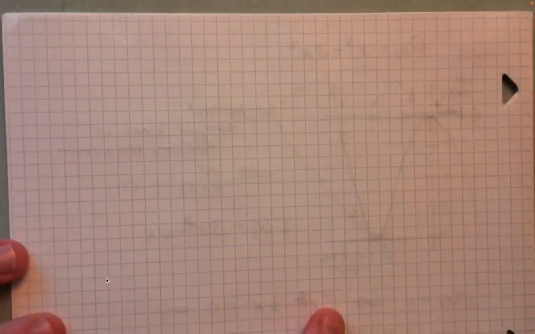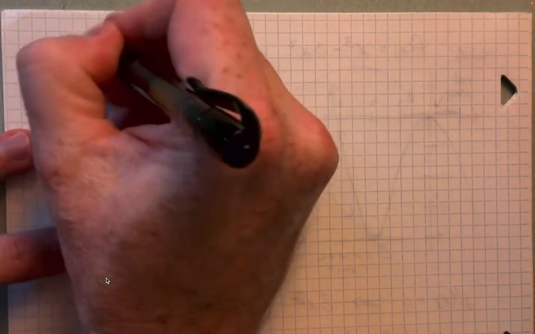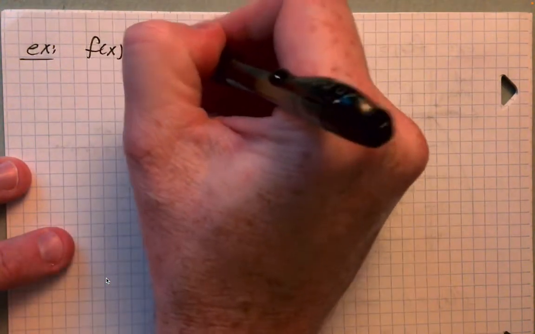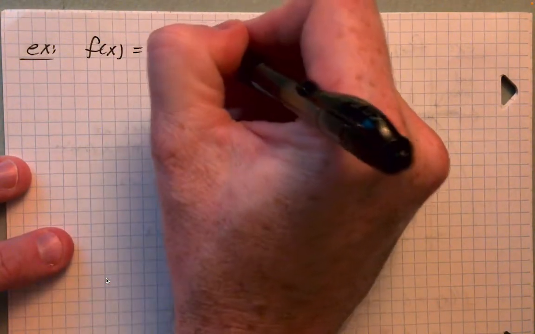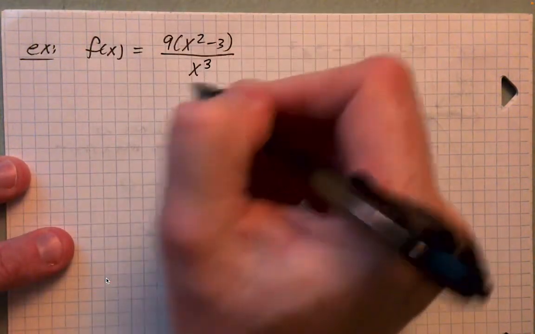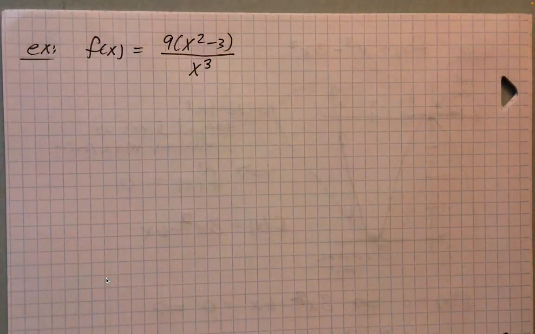Okay. Let's take a look at this function. f of x equals 9x squared minus 3 divided by x cubed. Okay.